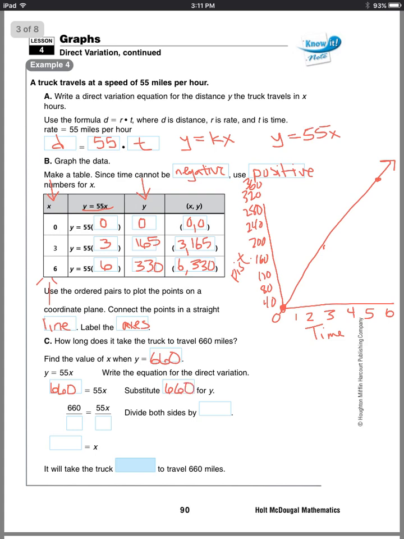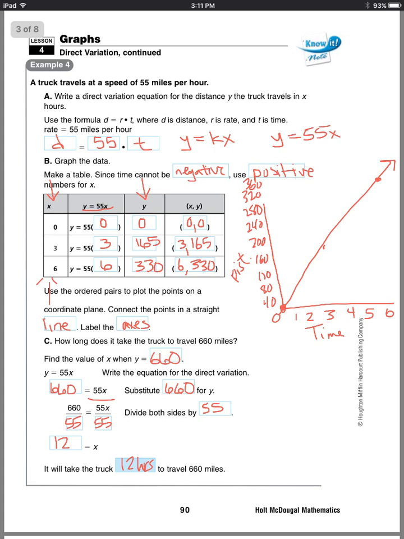And then, because our variable is on the right side, that's all right. We're just looking at the right instead of the left. We have a coefficient and a variable, which means multiplication. The opposite of multiply is to divide, so we're going to divide by the coefficient, both sides. And when we divide, we get 12. So it will take the truck 12 hours to travel 660 miles.